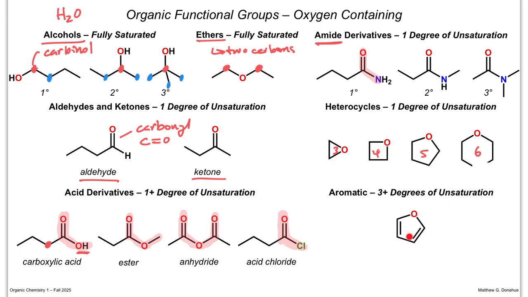And then I've shown you one aromatic oxygen heterocycle. This one's called furan. And really for now, what you're looking for is just the bonding patterns to recognize these different functional groups.